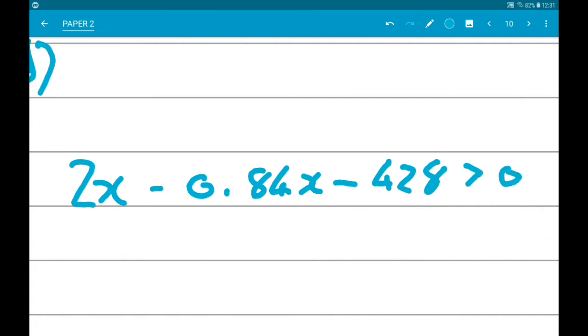From that we can get 1.16x is greater than 428.